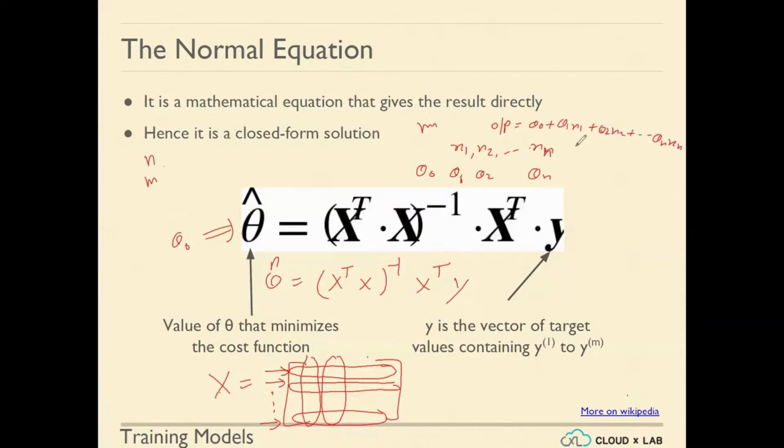So there are n features, and the number of unknowns will be n plus 1. So the size of the theta vector will be n plus 1 cross 1. There will be n plus 1 rows and 1 column, right?